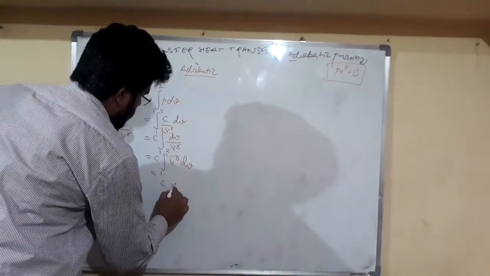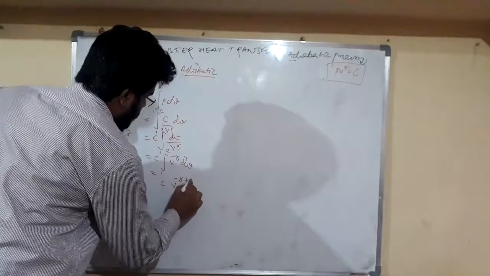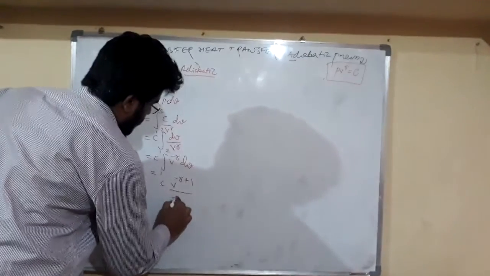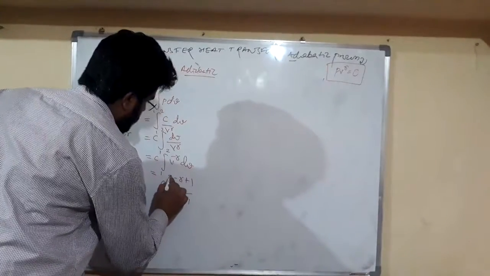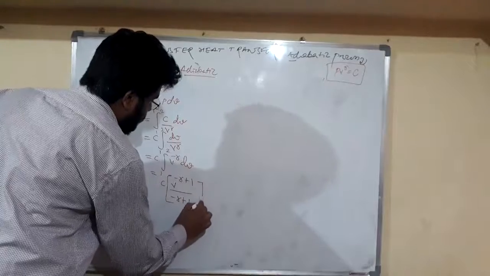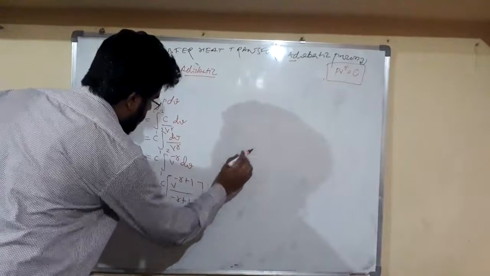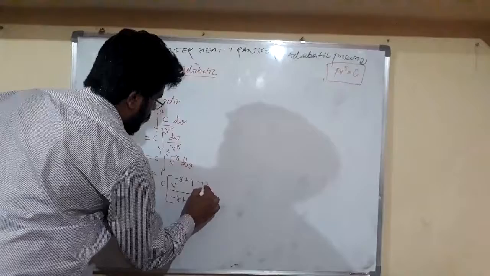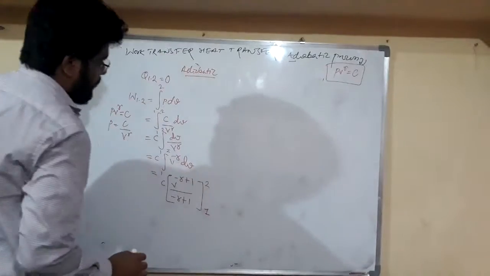C, friends, we will get V^(-gamma+1) divided by (-gamma+1), from 1 to 2.